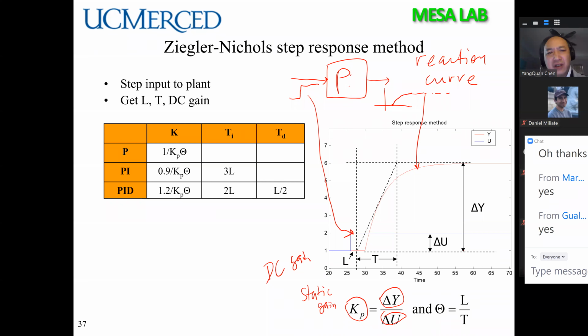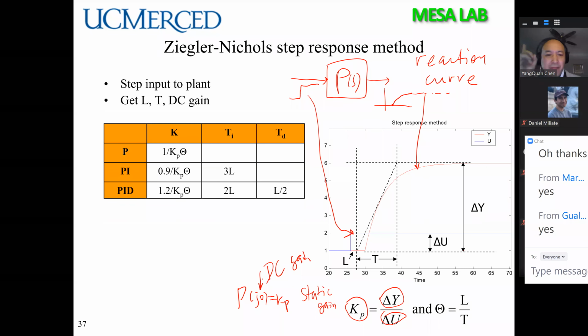I do not know my P(s), but I do know P(j0) is Kp. This is the DC gain, where omega is 0. So this is one parameter, Kp.